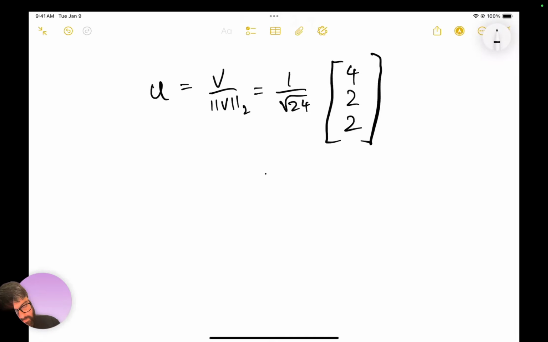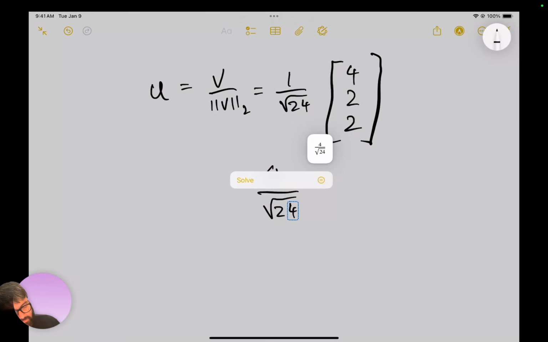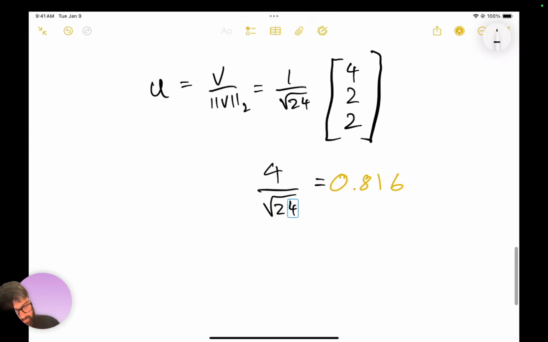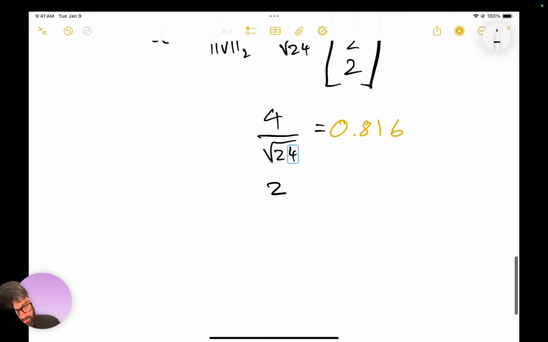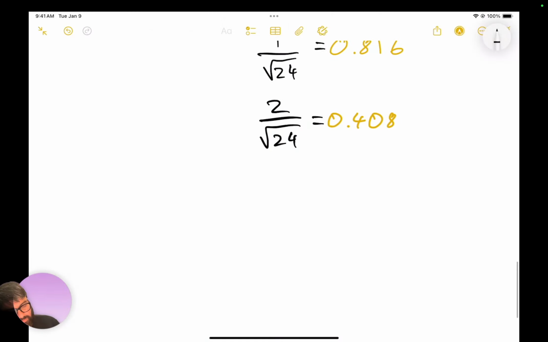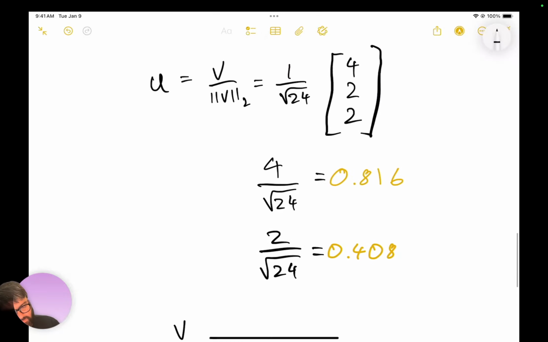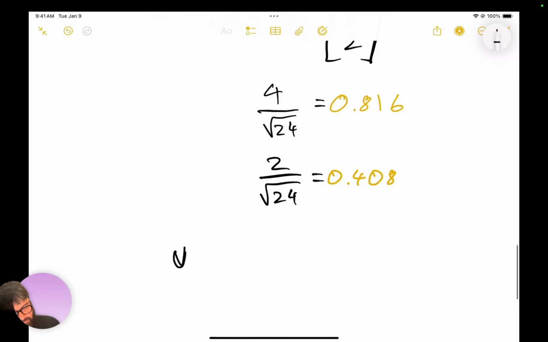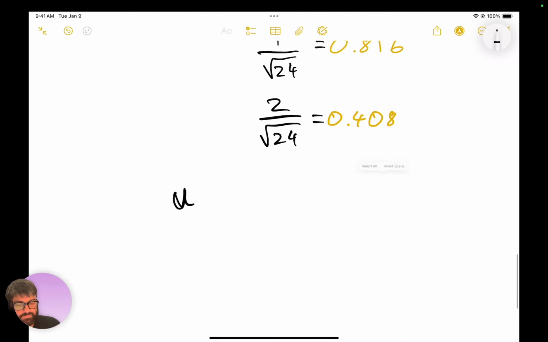So that's 4 divided by root of 24 equals 0.816. And 2 over root of 24 equals 0.408. So U, I'm just using U, even though it's the other way around over there.